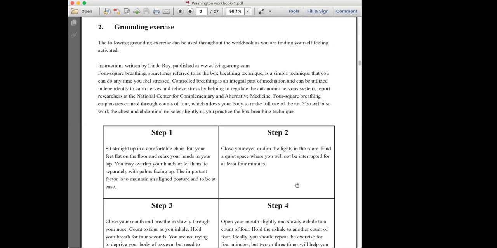This is not only a really important skill for you to have as you're reading through this workbook and going through the questions, but this is also a really important transferable skill for you to have as a provider as well. As we already know, even as we're sitting in the community and listening to the stories that our clients or participants may share with us, that in and of itself can bring up a wide range of feelings for us.